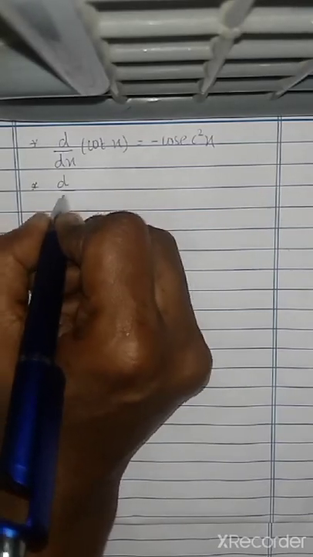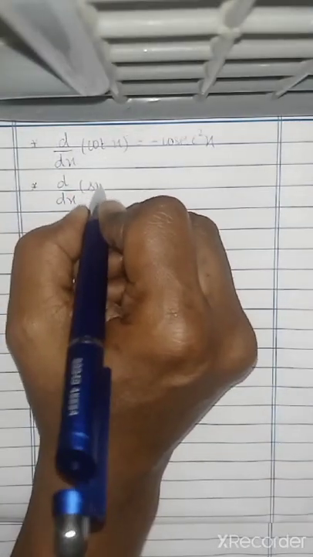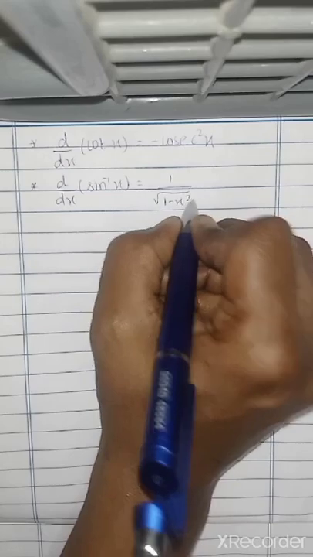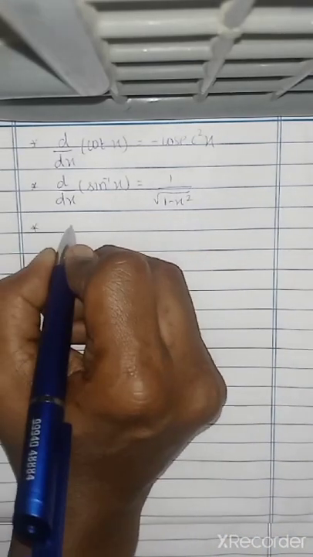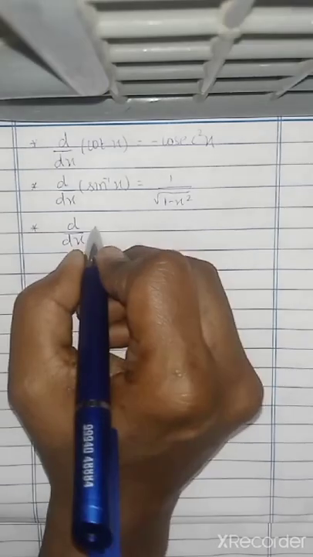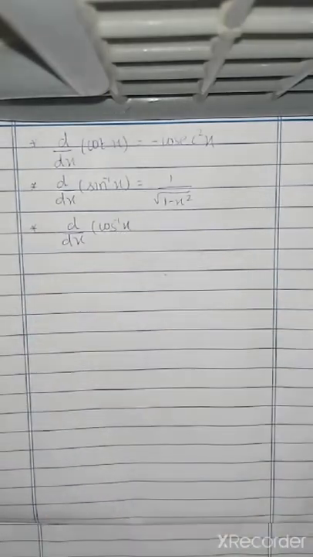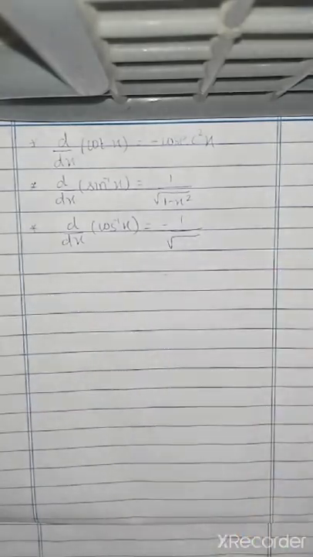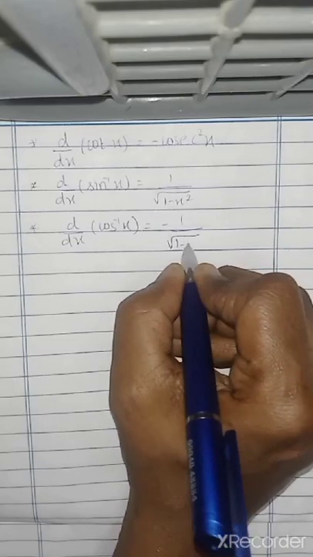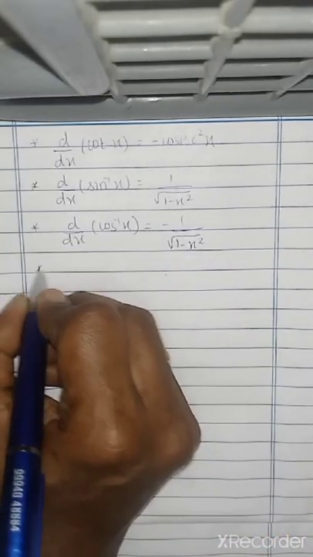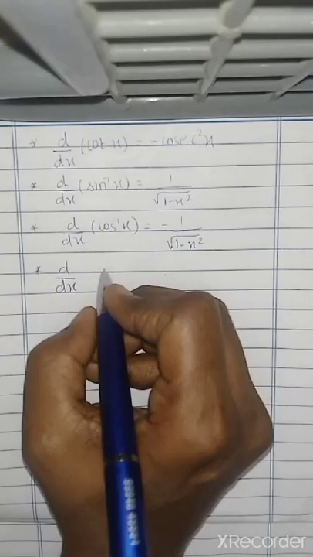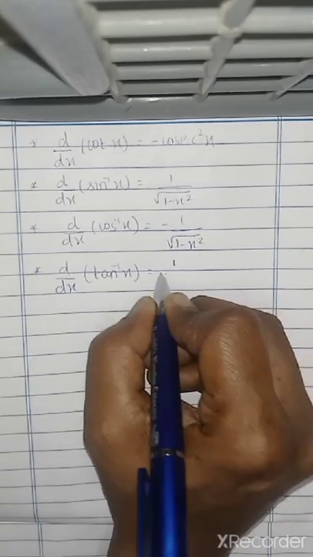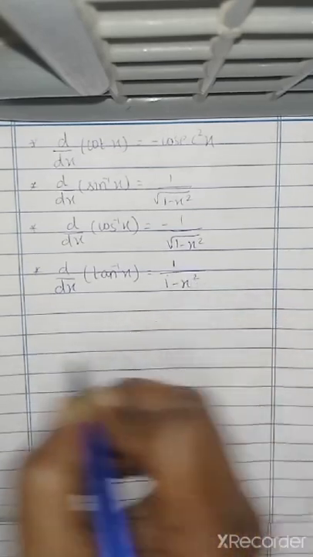Next formula, d by dx of sin inverse x, the answer is 1 by square root of 1 minus x square. Next, d by dx of cos inverse x, the formula is minus 1 by square root of 1 minus x square. And one more formula, d by dx of tan inverse x, the answer is 1 by 1 plus x square.